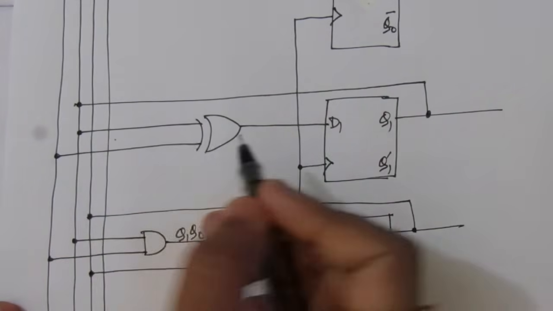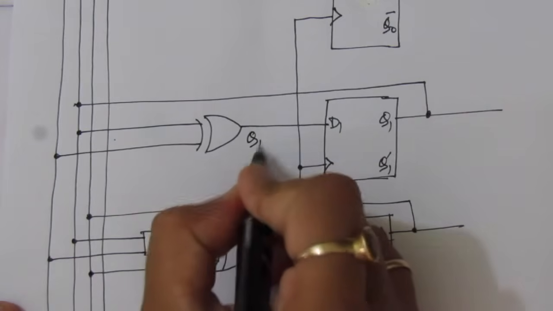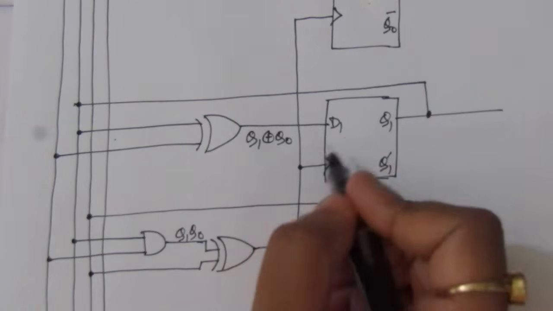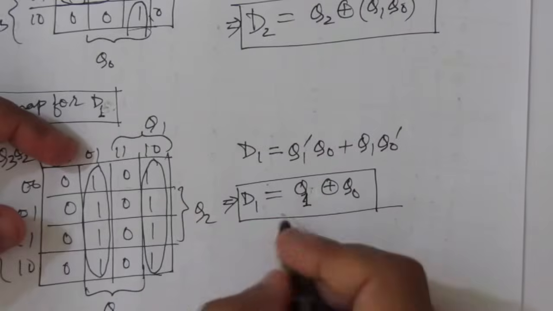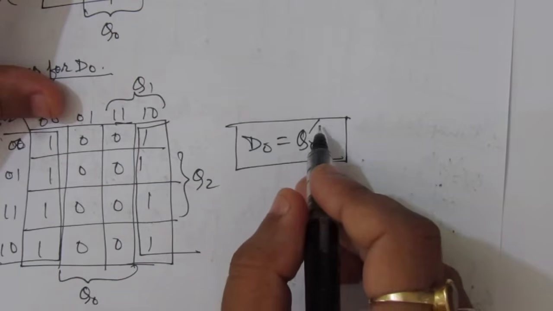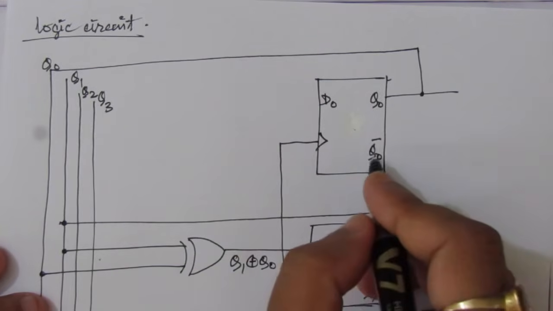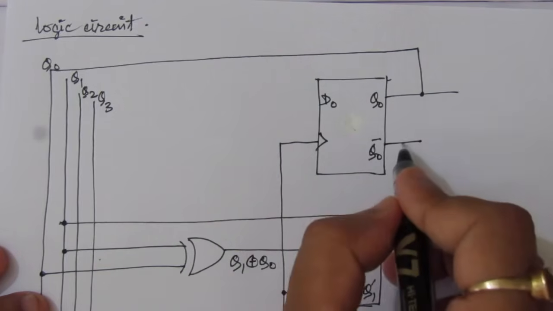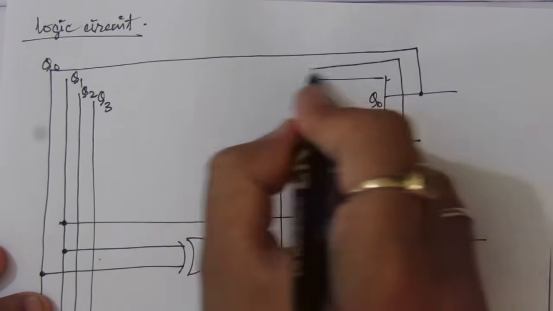Connect them, and here we'll have Q1 XOR Q0. So we have got D1, Q1 XOR Q0, and D0 is Q0 complement. So we can connect this complemented Q0 output to this D input.